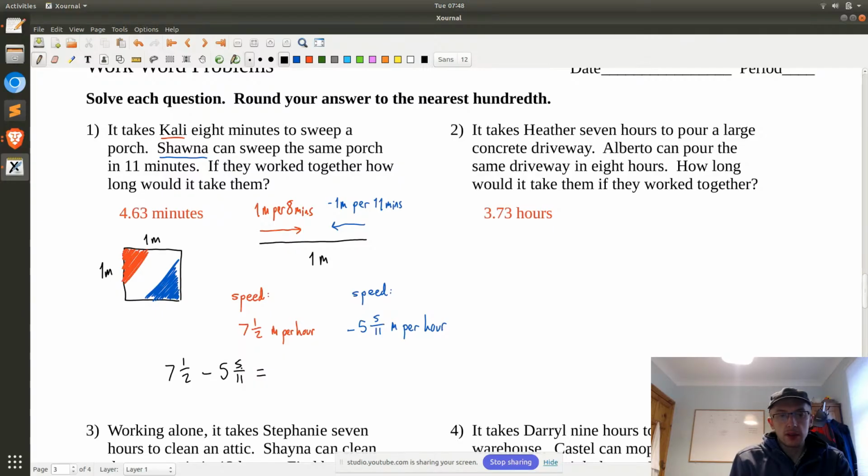So that's 10 over 22. That's 11 over 22. So like 2 and 1 over 22. That many meters per hour.